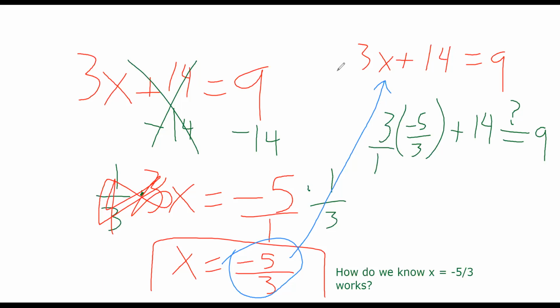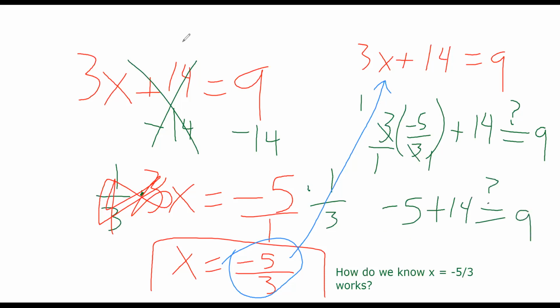Well, we can cross multiply. We can say that 3 is really 3 over 1. These 3's actually cancel according to cross multiplication. You're just left with negative 5 here. You could say it's negative 5 over 1, but it's the same thing as just calling it negative 5. Plus 14, we're asking, is that equal to 9?